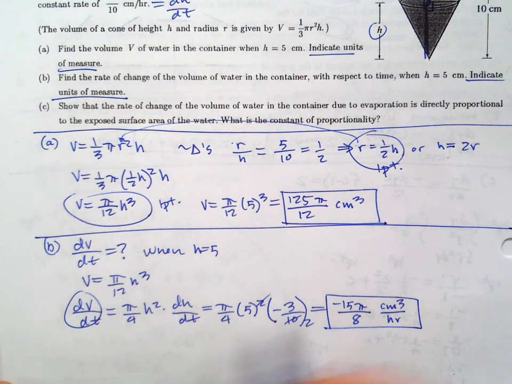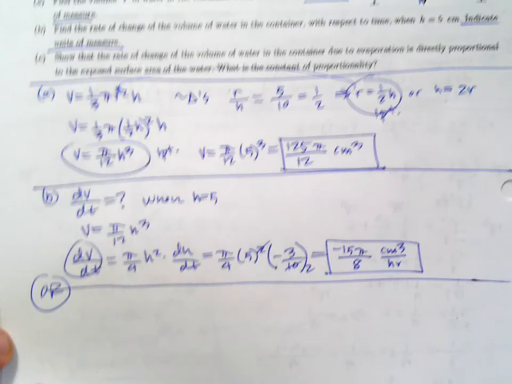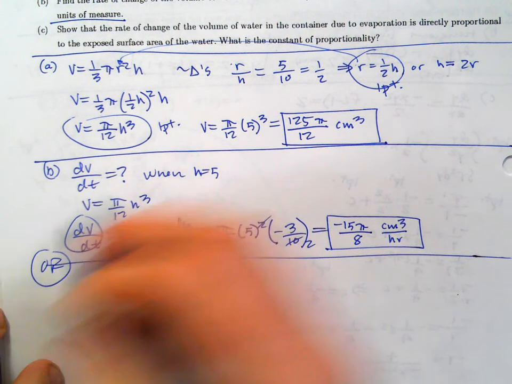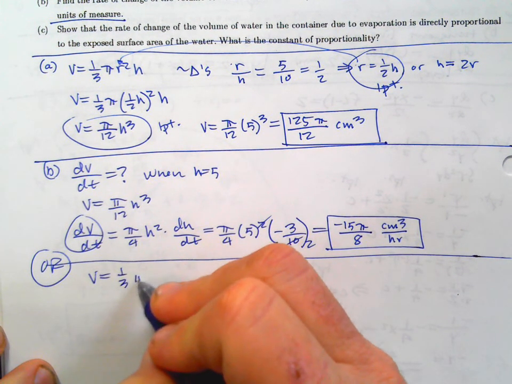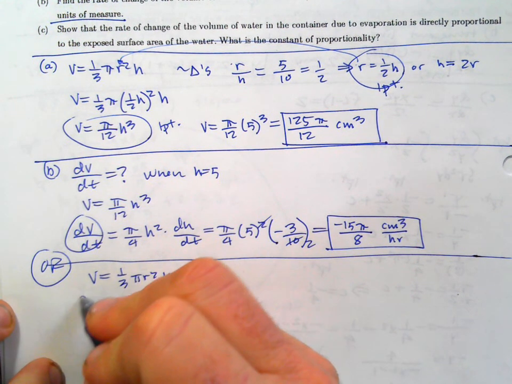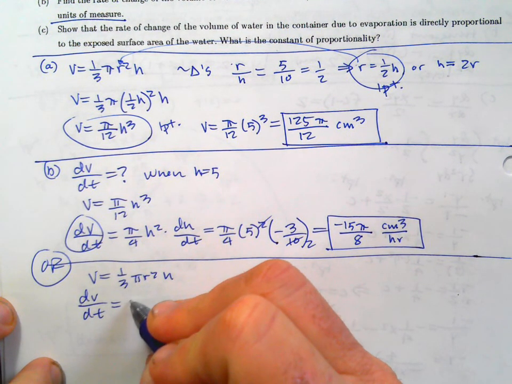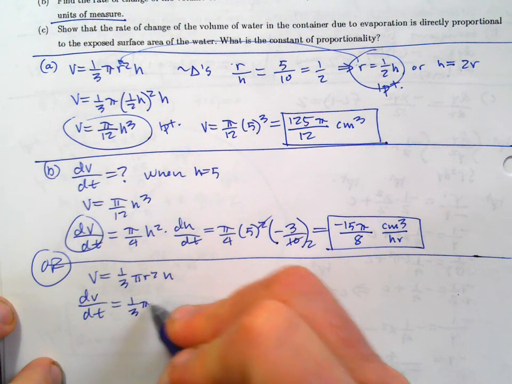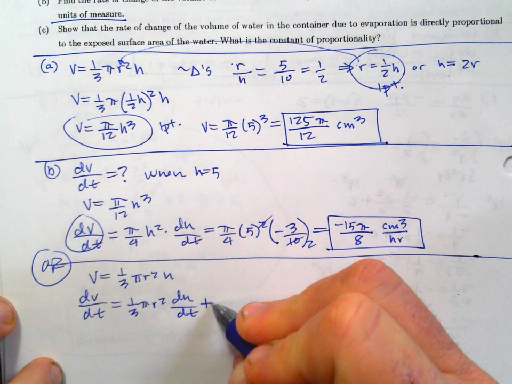Alternatively, this is just to illustrate real quick why you really want to do this. This is the much easier way, because if you did volume equals 1/3 pi r squared h, then dV/dt would be 1/3 pi r squared dH/dt plus, you have to do product rule, right?